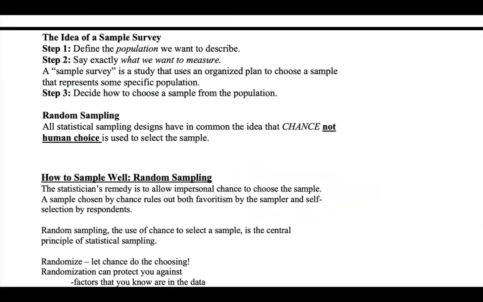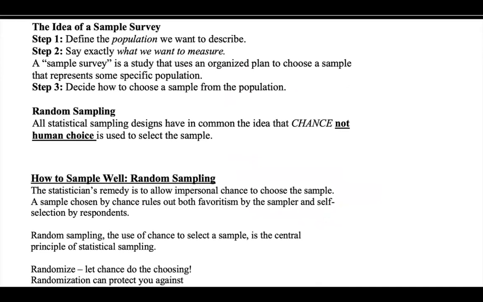So the idea of a survey. If you get a sample, one of the things is to ask them questions, right? The census is kind of a survey, except it's not a sample survey, it's a census survey. So for a sample survey, step one, define the population. Who are you trying to get information from?